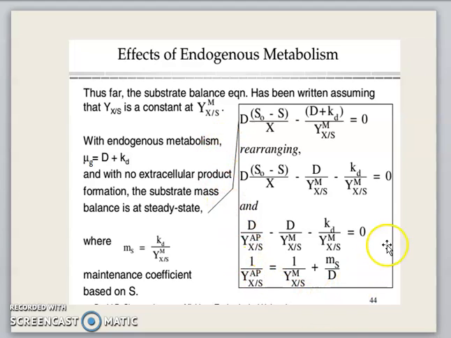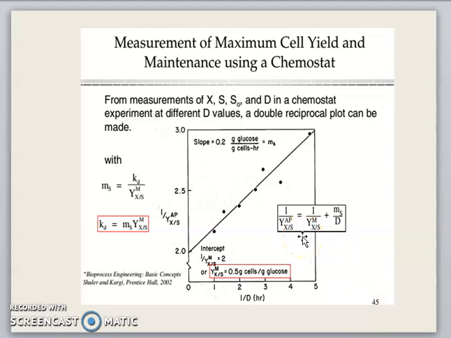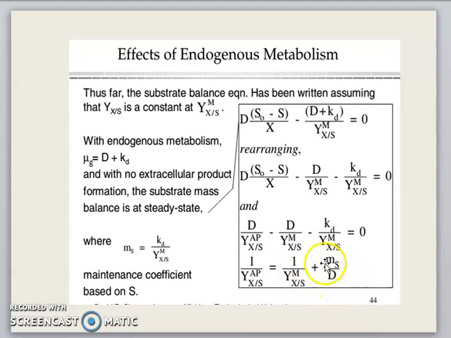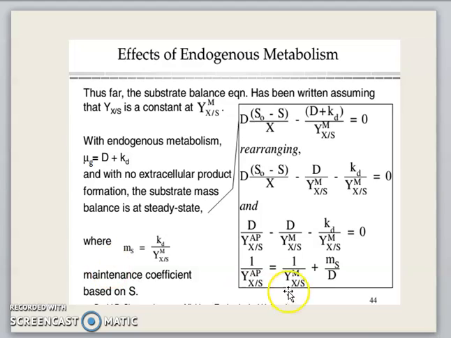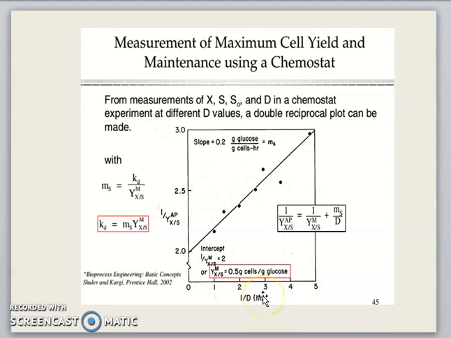The box here shows the derivation of the equation in order to have this final linear equation: 1 over Y apparent xs equals 1 over Y m xs plus ms over D. Then you can have this type of plot based on the linear equation, where the y-axis is 1 over Y apparent xs and the x-axis is 1 over D.